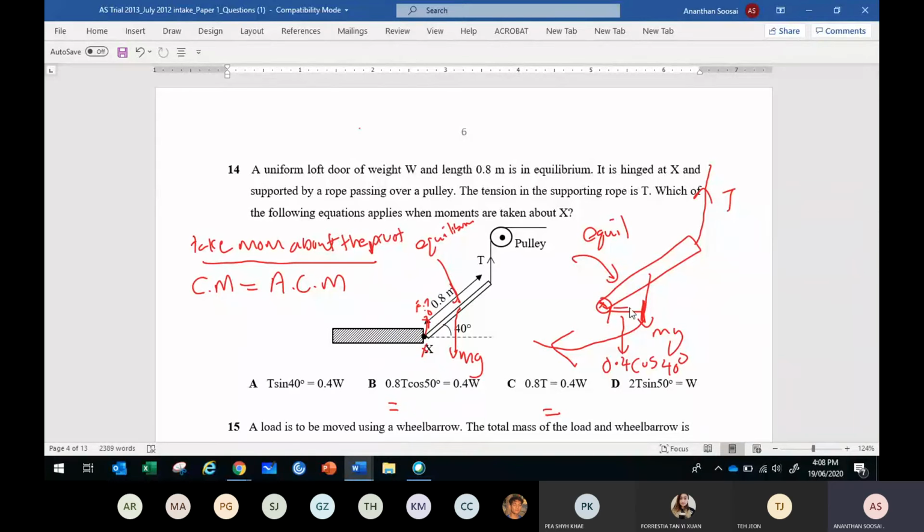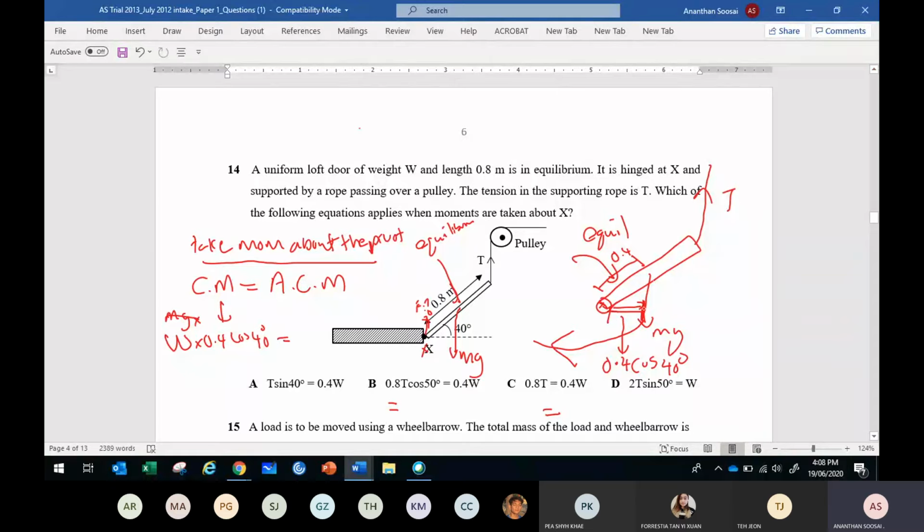That's your horizontal distance, right? Up to here is 0.4, you resolve down, you got 0.4 cos 40. So the clockwise moment is mg, because they put W, so we put W times 0.4 cos 40. Okay, that's a clockwise moment.